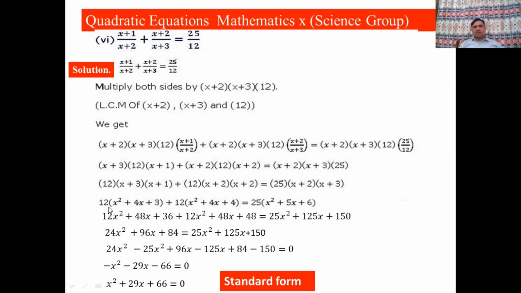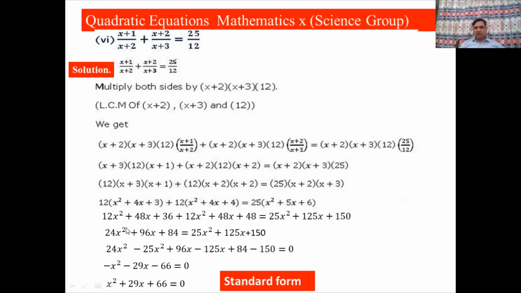So simply we have to multiply 12 with this whole term, and here multiply 12 with this whole term, and here 25 with this whole term. After multiplication we have this type of equation. Now here is 12x square, and this is 12x square.